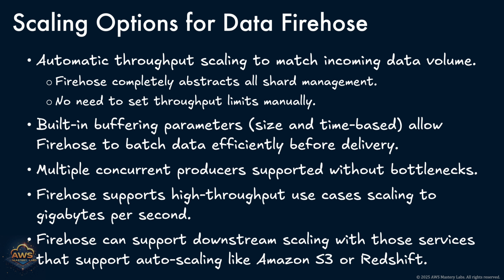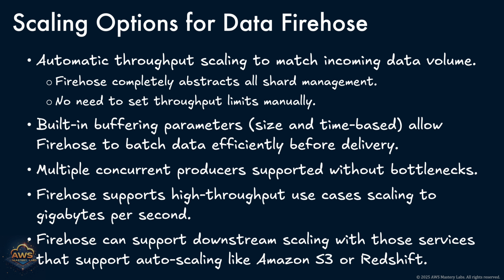At the heart of its scaling capabilities is elastic buffering. Firehose uses a combination of buffer size and time interval settings to accumulate data before delivering it to the destination. These buffers are not static, they flex to match the volume and velocity of your data, ensuring efficient batching and delivery.